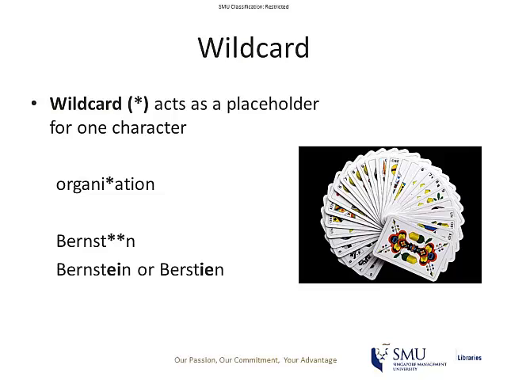The wildcard acts as a placeholder for one character. It can be a useful function when you're looking for variations with spelling. If you are looking for the word organization, you could substitute the letter S or Z with an asterisk, and this will retrieve documents containing either organization with an S or organization with a Z. Another example is retrieving documents that include woman with an A or woman with an E. It is also useful for spelling errors, as shown in the example of Bernstein.